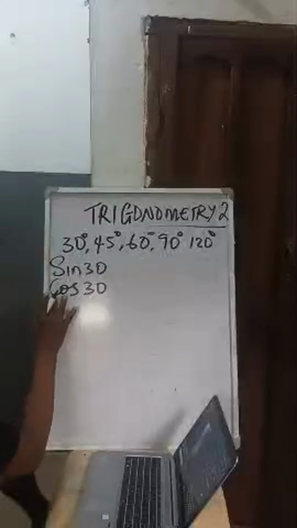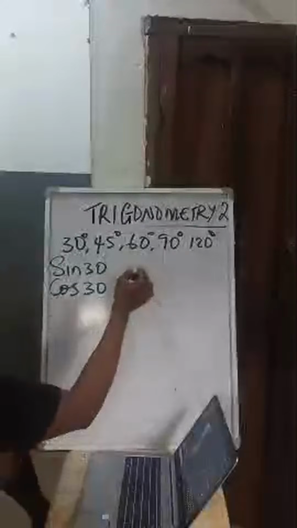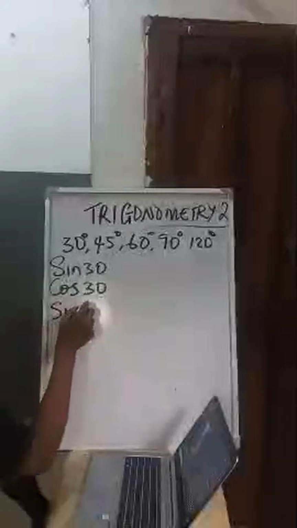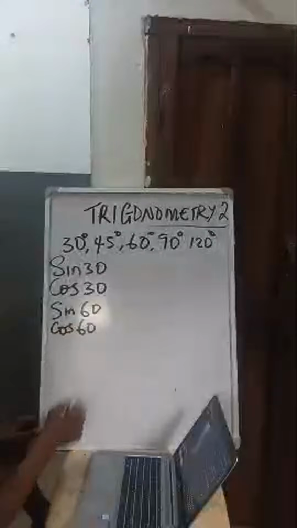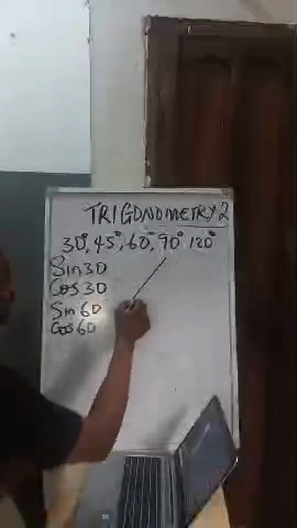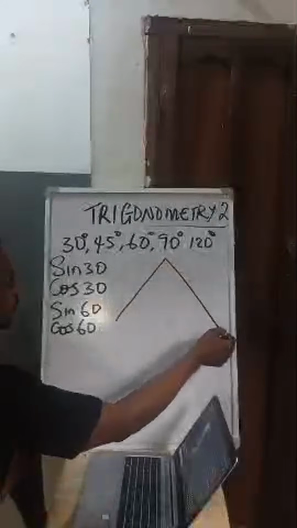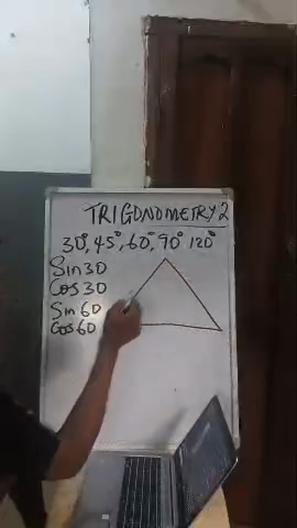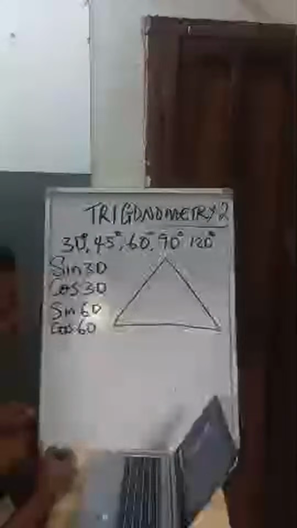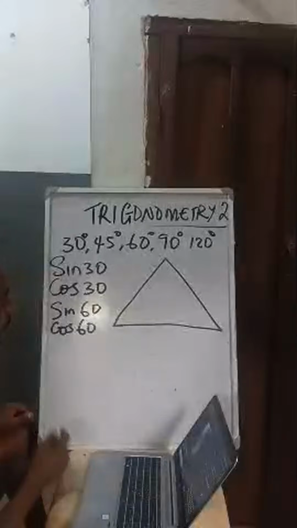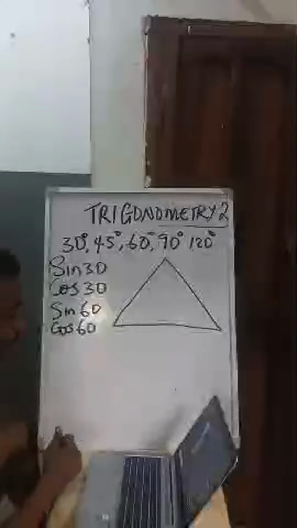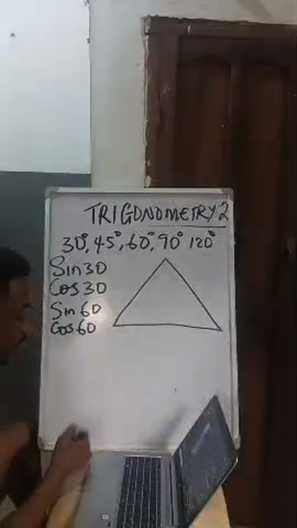and we can also have sine 60, cos 60. So how will this work? Look at it. When you have something like this, we call it equilateral triangle.